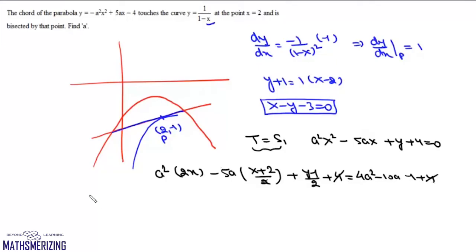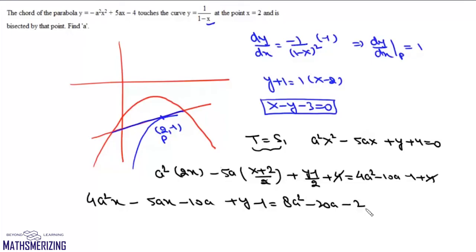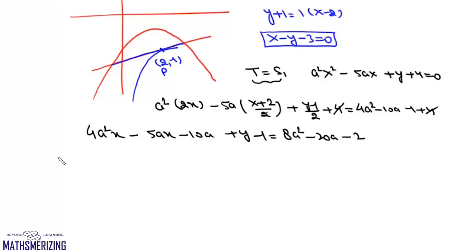We can write this as 4a square x minus 5ax minus 10a plus y minus 1, and it will be equal to 8a square minus 20a minus 2. Now we can write this equation as 4a square minus 5ax plus y, and it will be equal to 8a square minus 10a minus 1.